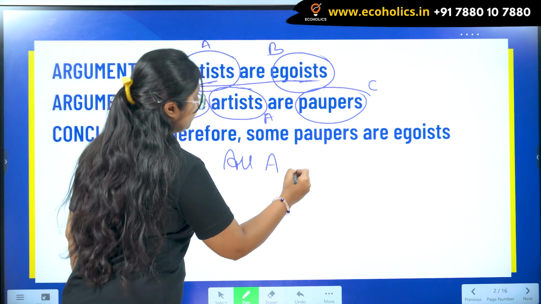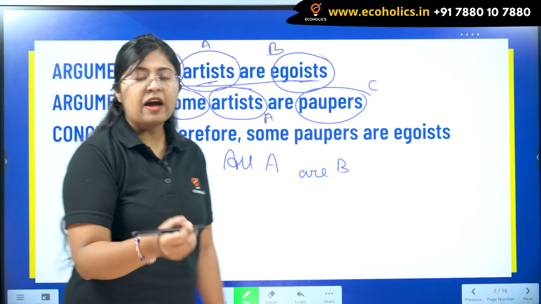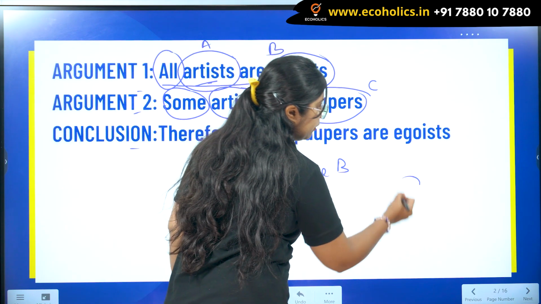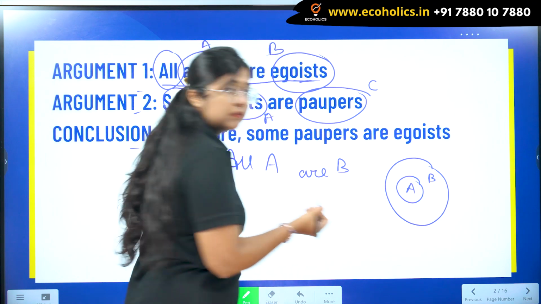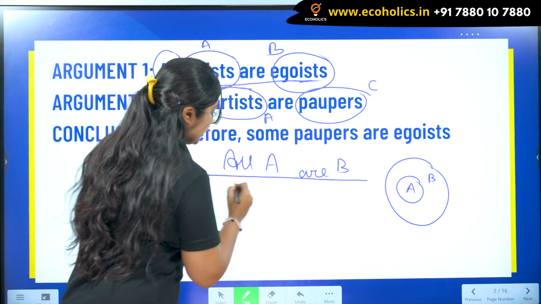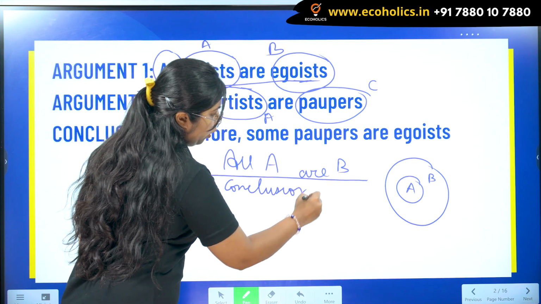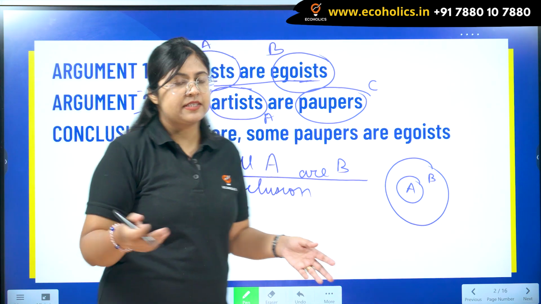So you have all A are B. When you have such a statement, the Venn diagram will be something like this. All A are B, correct? Now, there can be two conclusions of this statement.